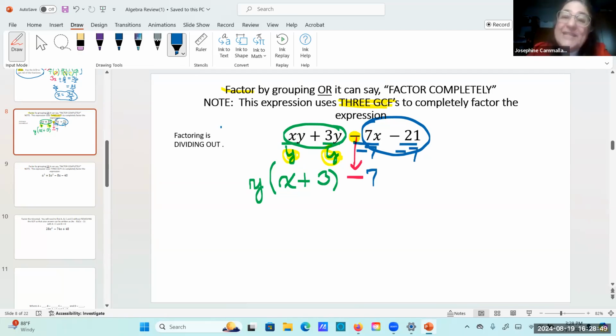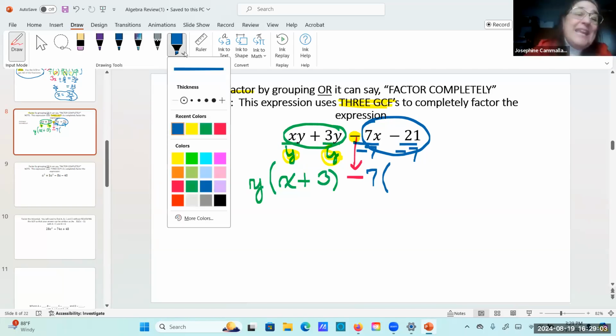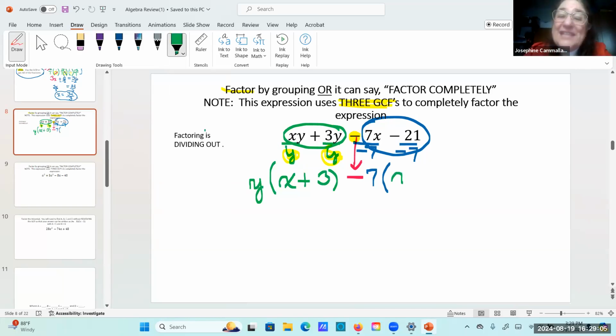That red or middle sign is the second greatest common factor. It's negative. And when I divide out, notice what I get in the parentheses. I get an x plus 3.